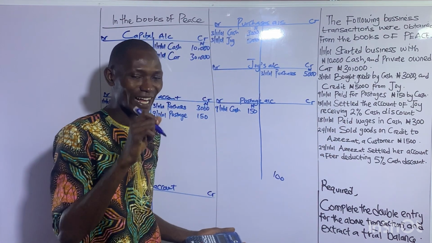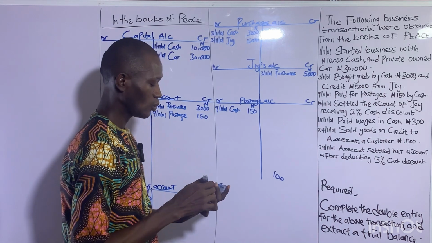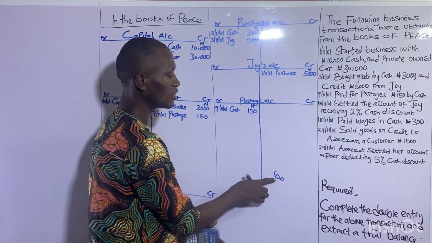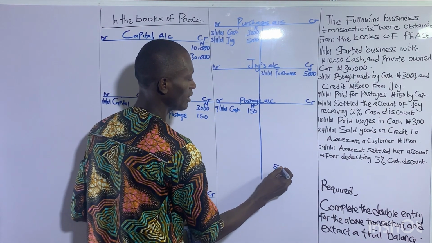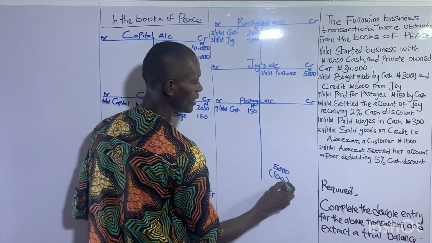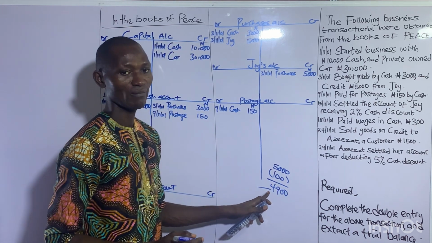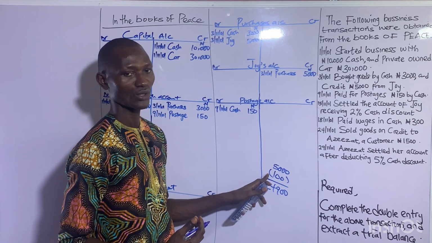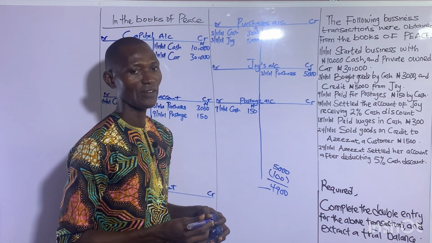So the actual cash that Peace settled Joy will now be that 5,000 naira minus this 100 naira, and that will give us 4,900. This is the actual cash that Joy received from Peace, but the discount is 100 naira. So everything now sums up to 5,000.